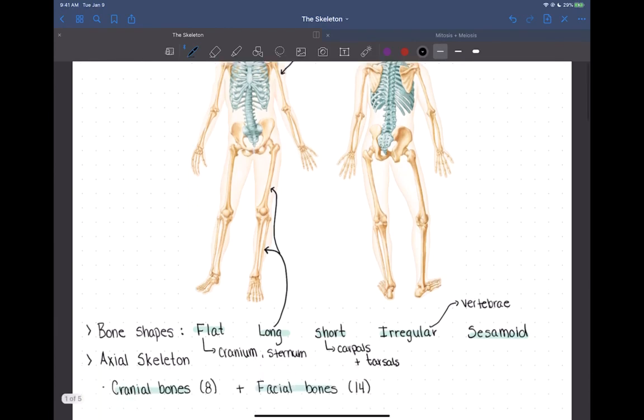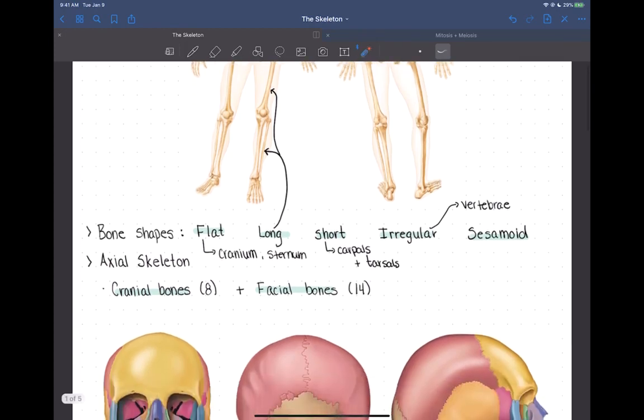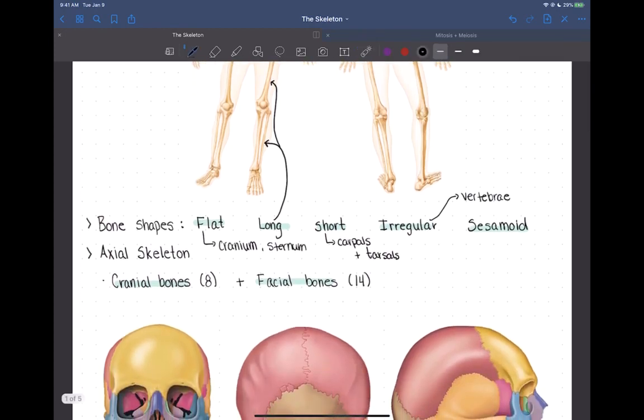Okay. And then this last category, and there's two actual types of bones that fit in this category. These are kind of unusual bones, additional types of bones, all right, is what I call them in your notes. And so a sesamoid bone is a bone that grows in a tendon, right, or a ligament. And so the one example of this that you guys should know, right, and is common in everyone, is the patella.